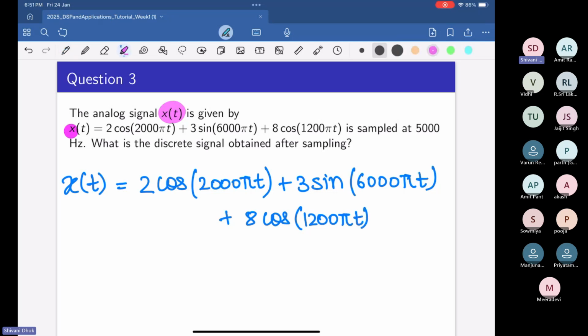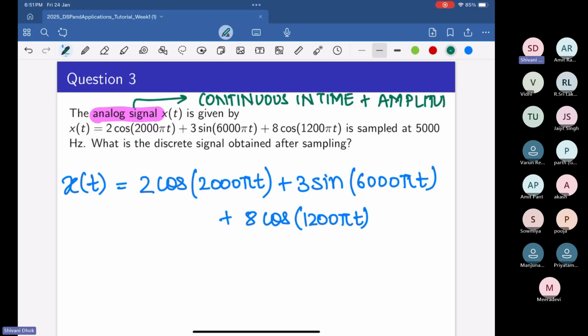What do we mean by analog signal? It is continuous in amplitude and continuous in time. So a signal is analog when it is continuous in time, that is the independent variable, and amplitude, that is the dependent variable.